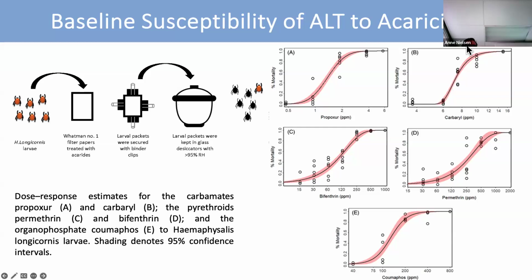Matt figured out these dose response estimates for carbamates, including propoxur and carbaryl, for pyrethroids, including bifenthrin and permethrin, and for the organophosphate coumaphos. We chose products that can be used for tick control or that have been used for tick control.